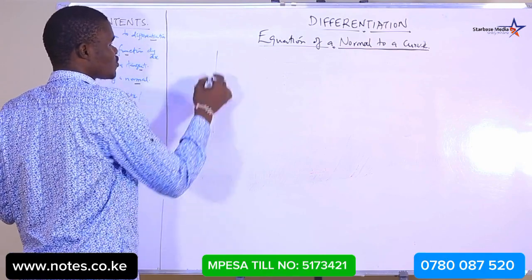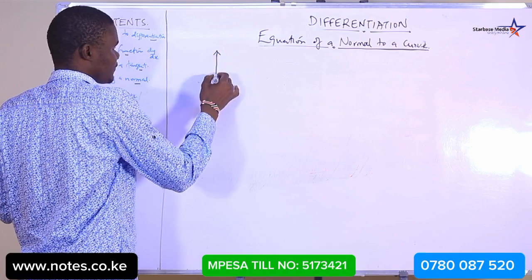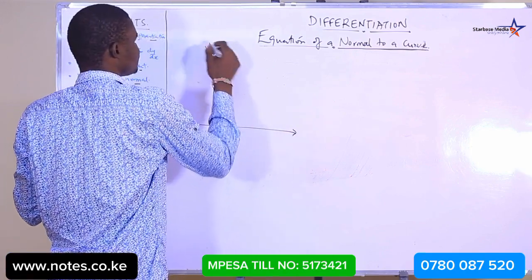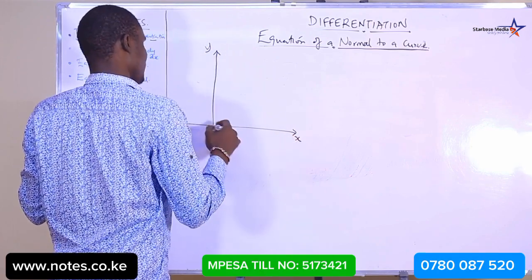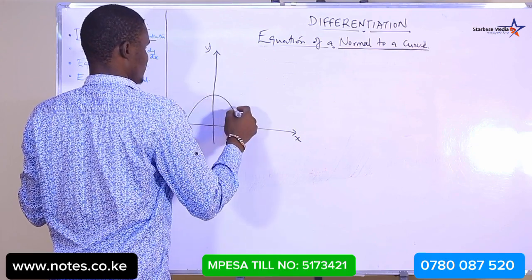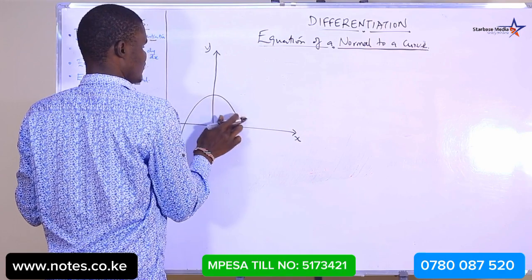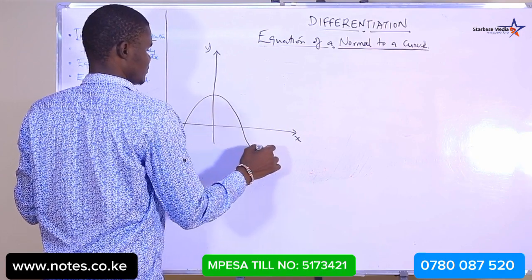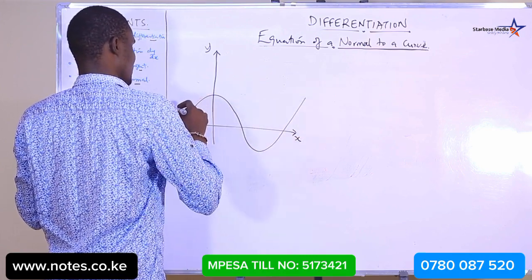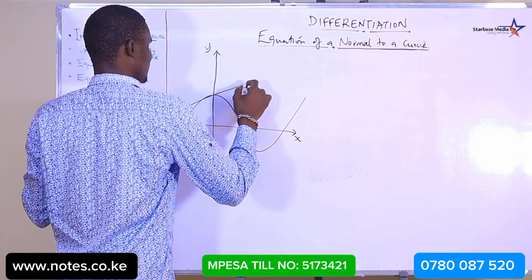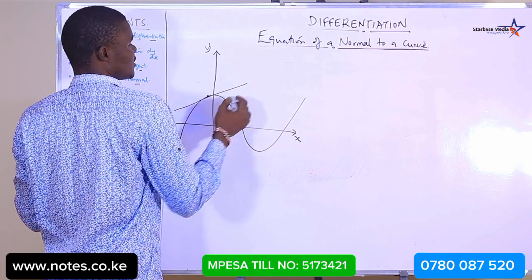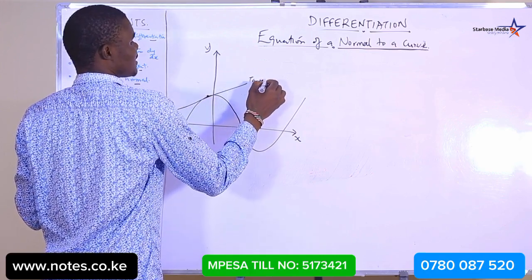Class, a normal to a curve is a line that is perpendicular to the tangent. Say this is your curve, very nice curve. Then you have a line here which we agreed is called a tangent. A line that touches the curve at only one point is called a tangent.